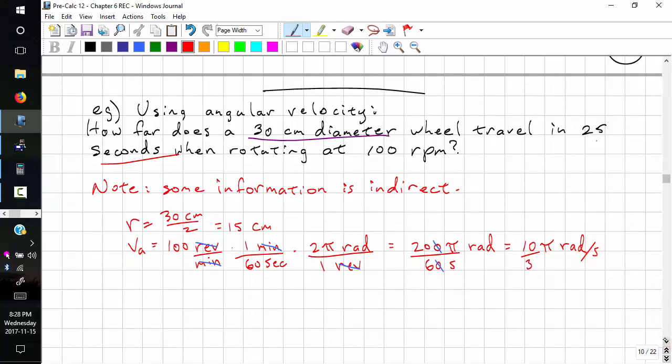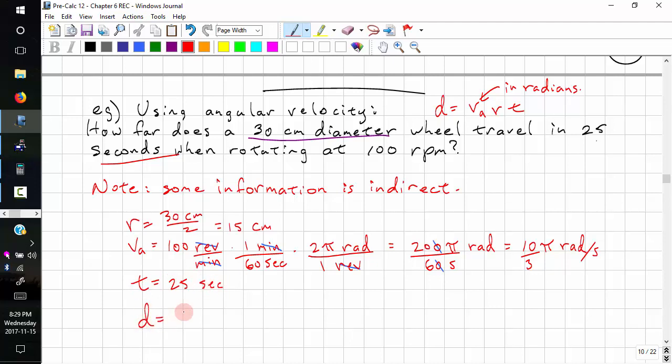Okay, how does this help us? You need a formula. D equals angular velocity times radius times time. And this must be in radians. And we have that. First of all, T equals 25 seconds.